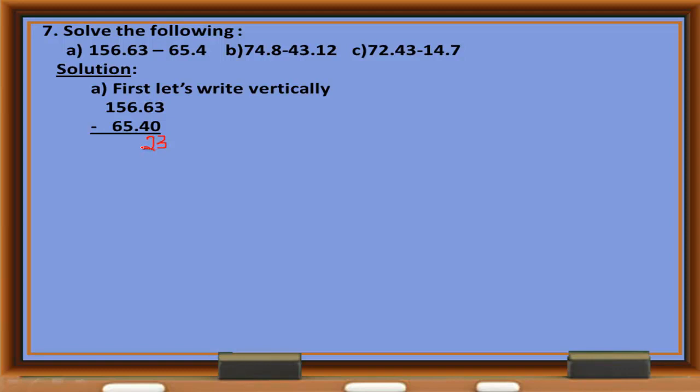This one is subtraction. 6 minus 5 is 1. 5 minus 6 is impossible. We borrow 1 from this one and it will be 15 minus 6 will be 9. That is the subtraction. The answer will be 91.23.